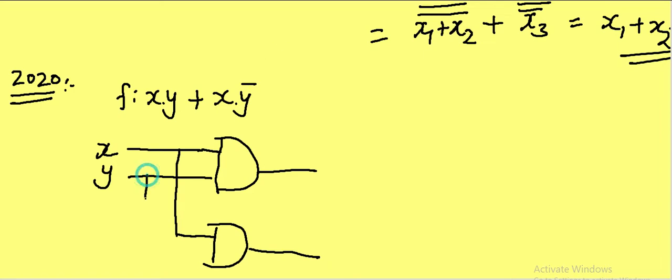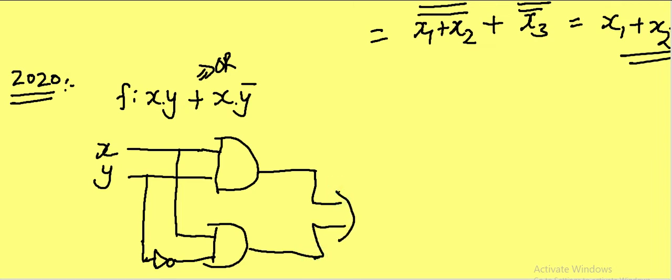The complement is nothing but an inverter, or NOT gate, which complements y. So x dot y complement will be fed into this AND gate, and then this is plus, and plus denotes the OR gate. So the output of these two will be fed into the OR gate. So this is the logic circuit for this question.